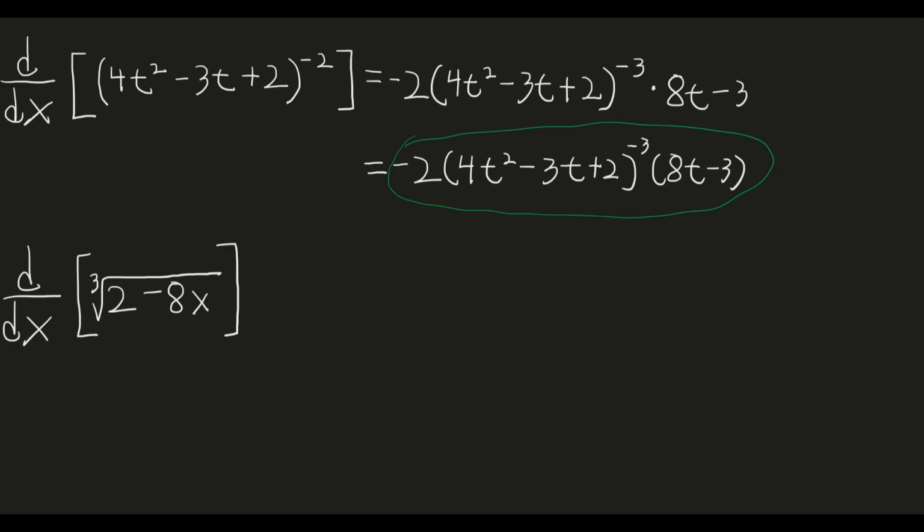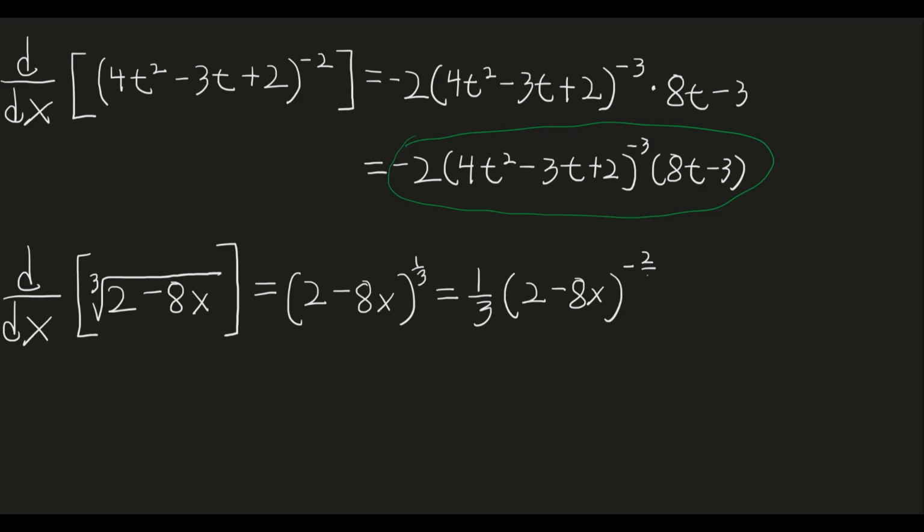Moving to the bottom function, we could rewrite it as 2 minus 8x raised to the 1/3. Applying power rule, that would get us 1/3 times 2 minus 8x raised to the negative 2/3. Taking the derivative of the inside function, that would just get us negative 8.